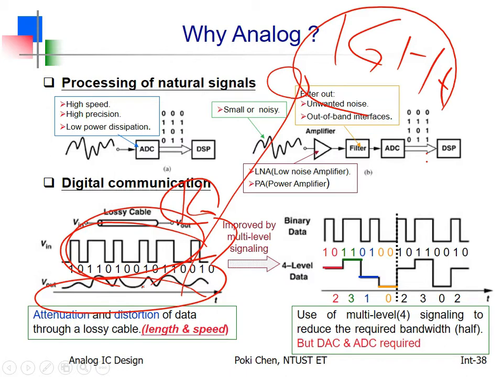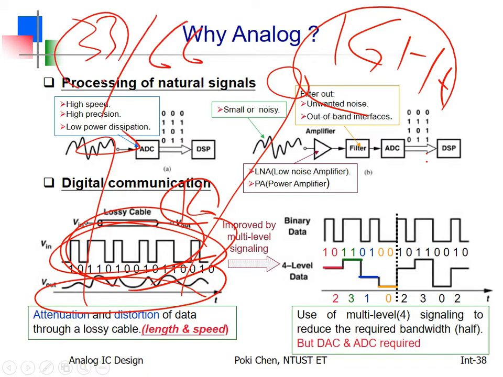For our industry, the best for parallel digital communication in the past was only 33 megahertz or 66 megahertz for our IDE. That is an interface for hard disk. That is already the best of humankind's industry in the past, for so-called parallel digital communication. 33 megahertz is the maximum.